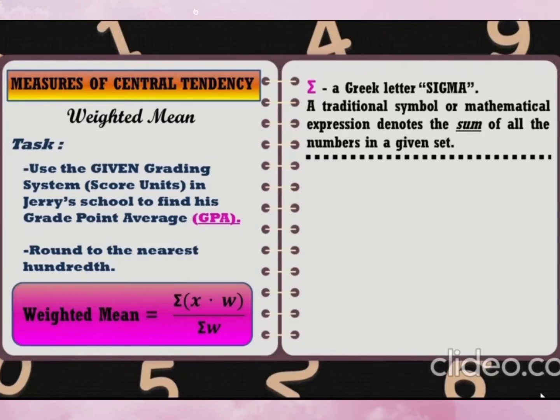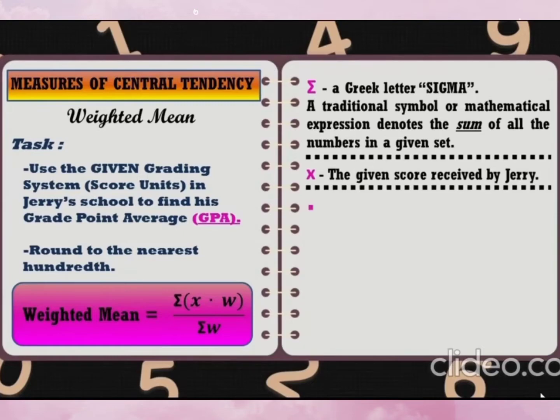And when we say sum, of course, the operation will be addition. Next, we have the X symbol, which is the given score or grades received by Jerry per subject, followed by a dot, meaning multiply. As you can see, there's a dot in the middle of X and W. So we will multiply the X to W. So it will become X times W.